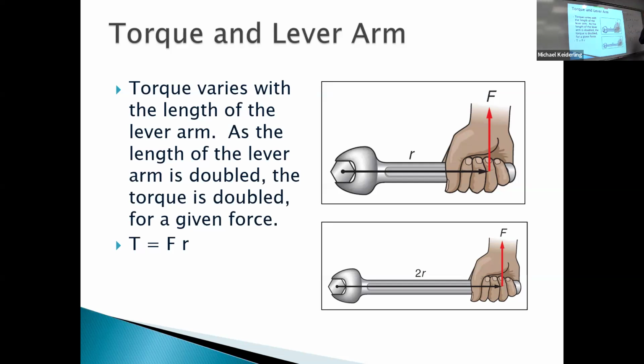The bigger the force, the more torque. Often there's a limit to how much force you can apply because your arms are only so strong. But if you want to get something that's really stuck loose, you can apply more torque by increasing the length of the lever arm. Getting a longer wrench, using a cheater bar to extend the length of the wrench, things like that.